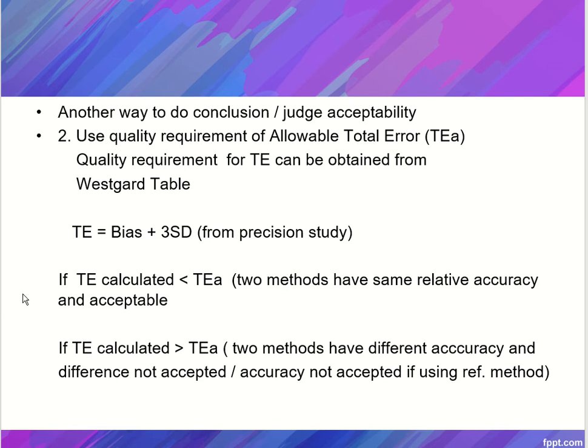So the conclusion, if the total error calculated is less than the allowable total error from the quality requirement, meaning that the two methods have the same relative accuracy and are acceptable. If the total error calculated is more than the allowable total error, meaning that the two methods have different accuracy and the difference cannot be accepted. So the accuracy is not accepted if you are using the reference method. So you need to do the troubleshooting.